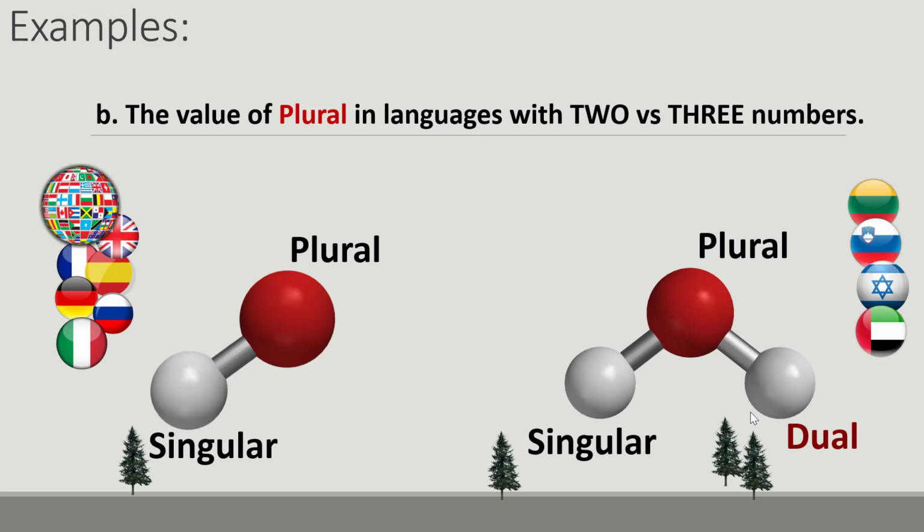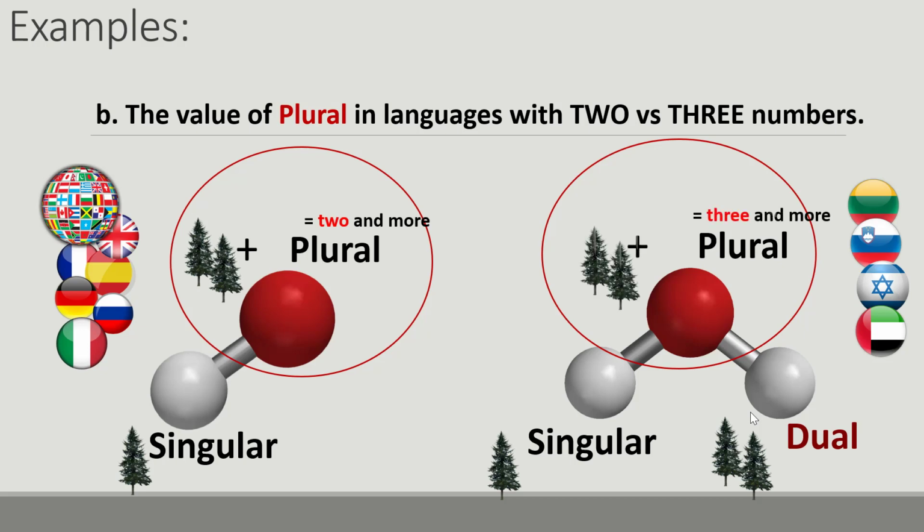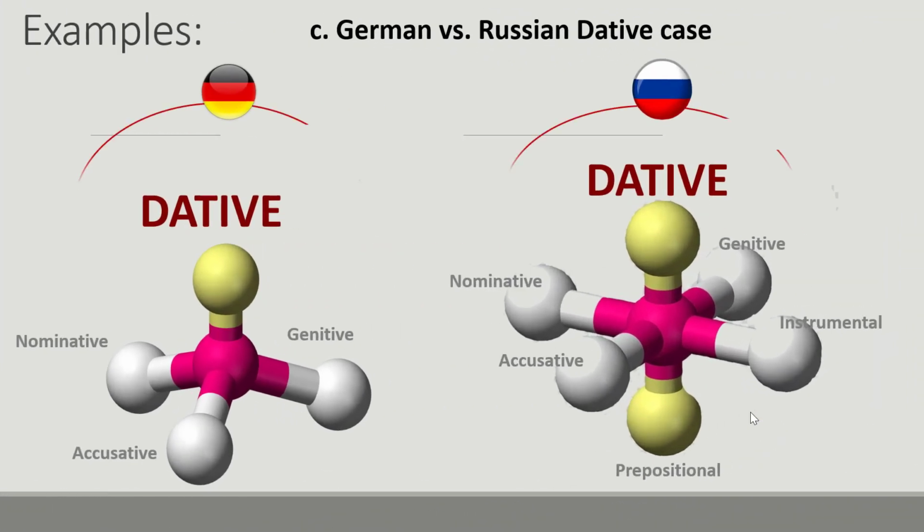Both language types have plural forms, but their value is not the same. In languages with two numbers, the plural means more than one, whereas in languages with three numbers, the plural means more than two.